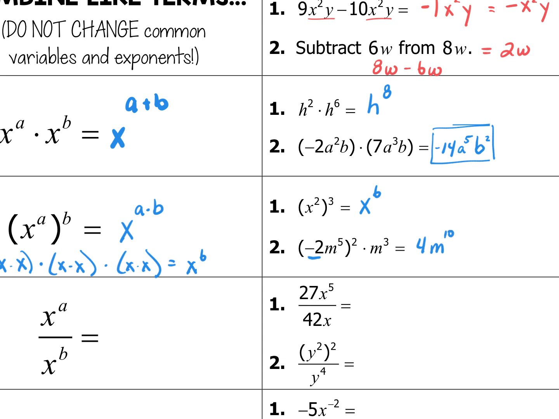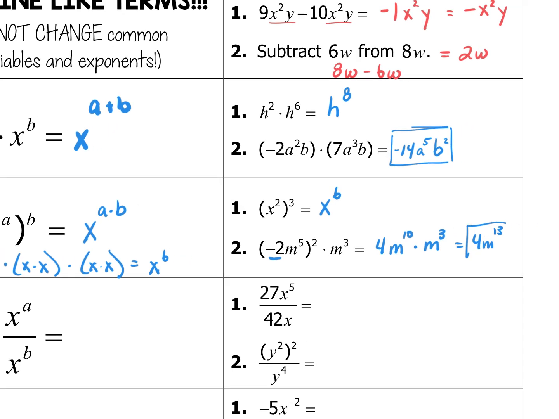After we get that, now we can multiply our m to the 3rd. Well, hey, guess what? We have to go back to the product rule where we're multiplying now. And so for multiplying, we're really going to add those two exponents together. So when we add them together, we're going to get 4m to the 13th. Okay, so this is going to be the answer for example number 2.